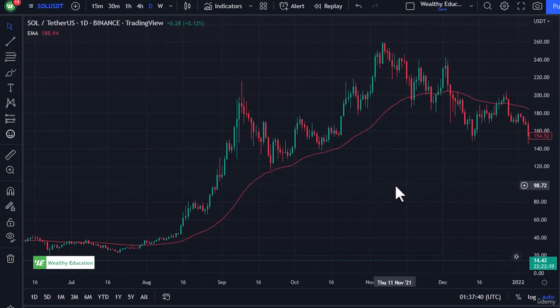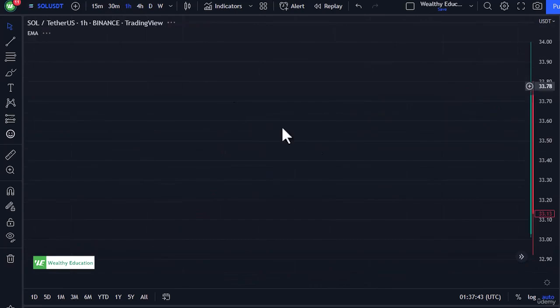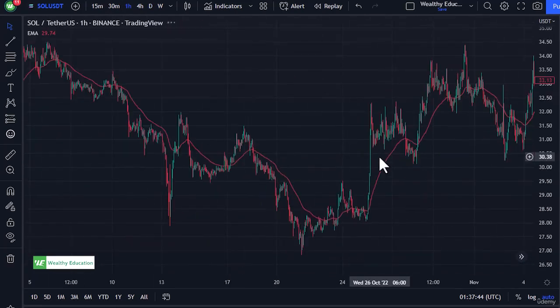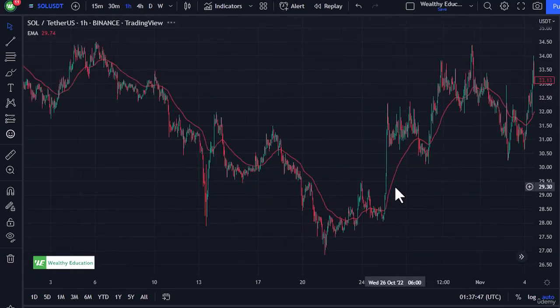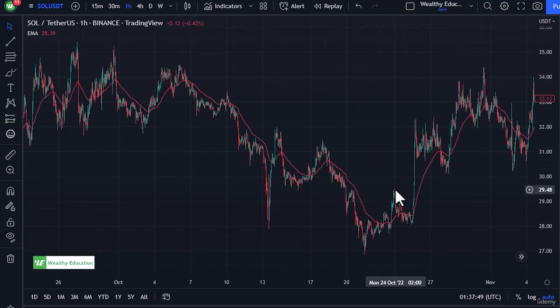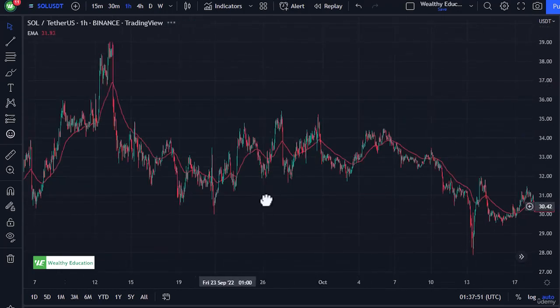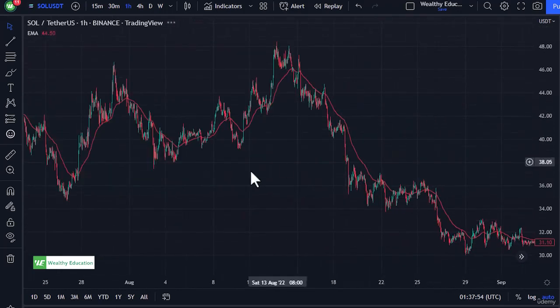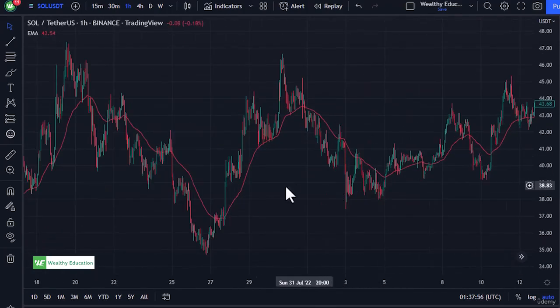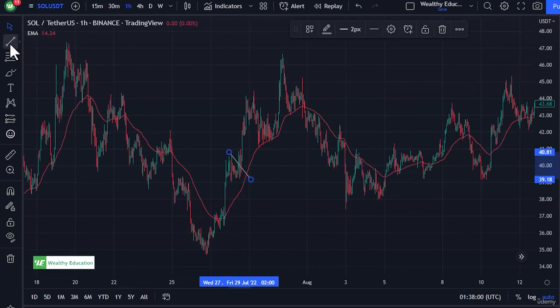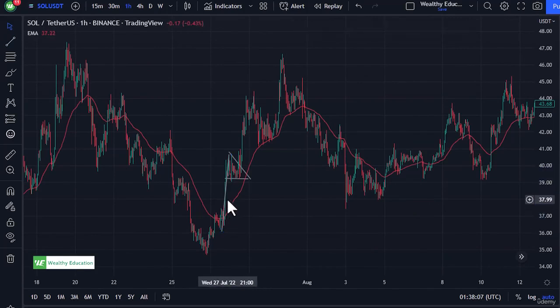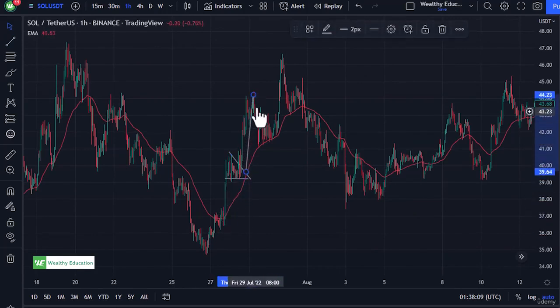So let me drop down to like the hourly chart in Solana and get back to where, there we go, right there. So a little bit of a pennant right here. Nice flagpole, right? Break above the top of it, and you go directly there a few hours later.